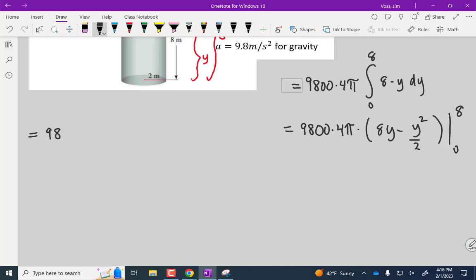So we'll come over here. We have 9,800 multiplied by 4 pi, multiplied by plugging in 8 gives 64 minus 32, so 32. And whatever that multiplies out to. I brought a calculator too. So I'm getting 125,440.